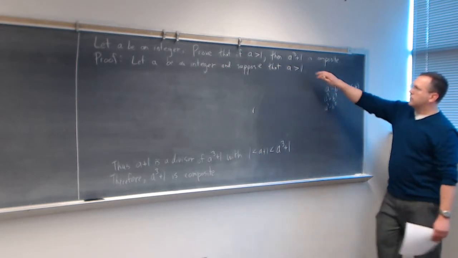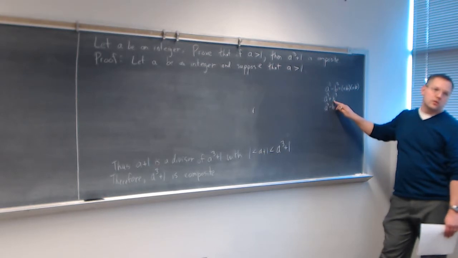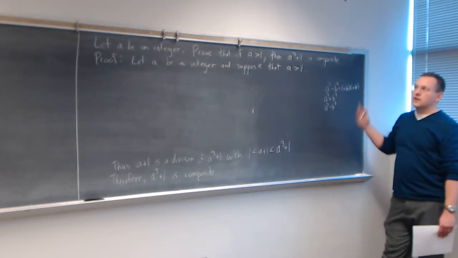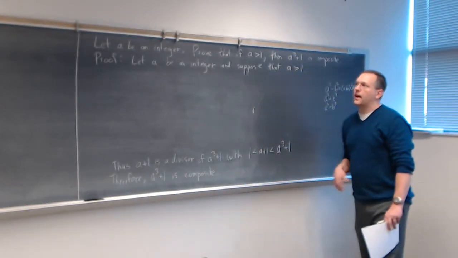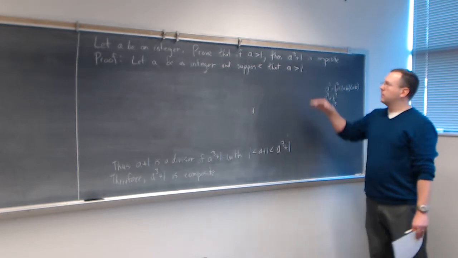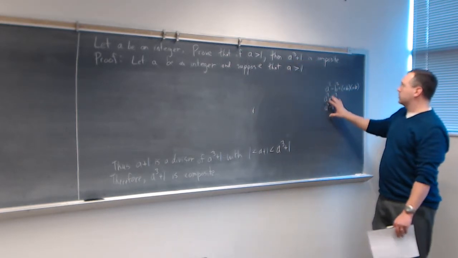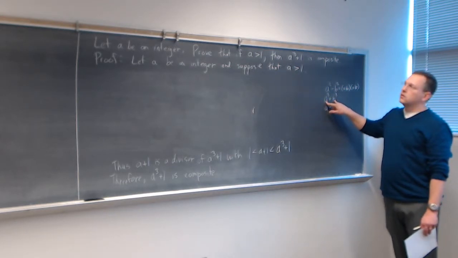So a cubed plus 1 is the same as a cubed plus 1 cubed, and I know there's a special factorization formula. Somebody wouldn't just sit down to prove a theorem like this. They'd have experience using these things, and maybe you don't remember the sum of cubes formula.